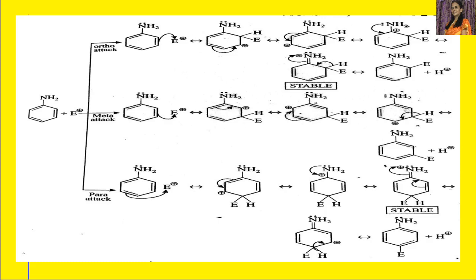This positive charge is delocalized with the two other pi bonds present in the benzene ring. Okay, so here this pair of electrons moves towards this carbon. Then this carbon, that is the first carbon, gets the positive charge, and the positive charge present on the first carbon is delocalized with the help of the pair of electrons present on the nitrogen atom.